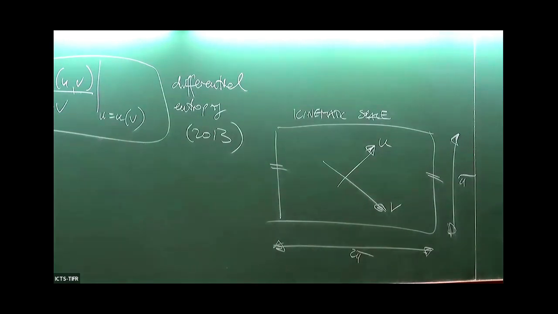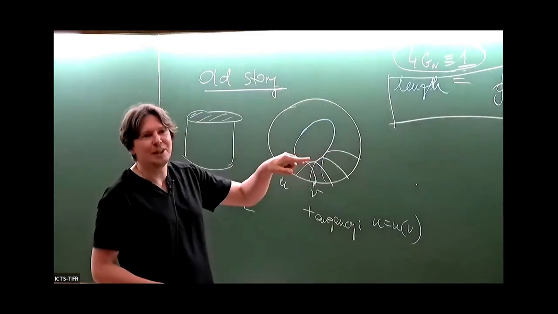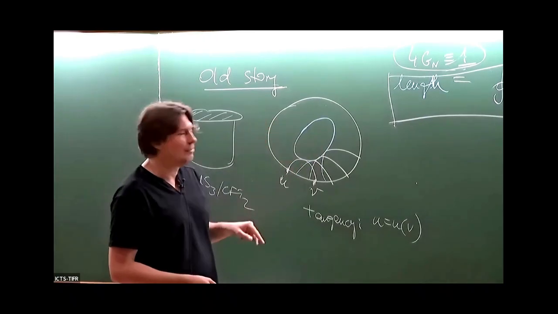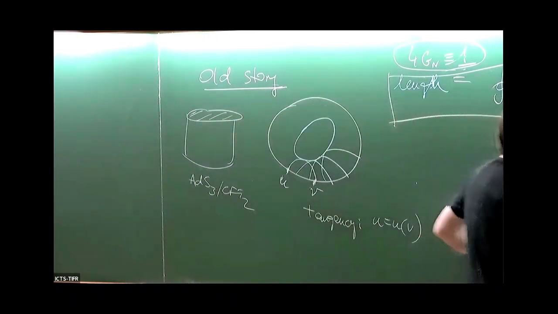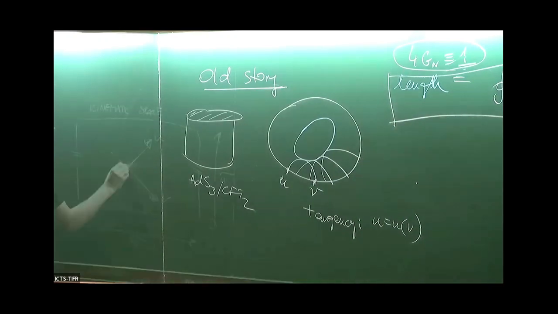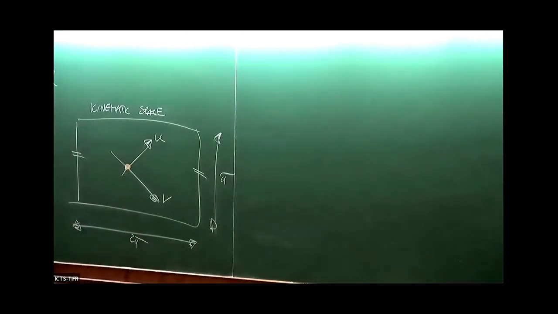So the coordinates in that space are the endpoints of these geodesics. In other words, if I give you one point over there, that means giving you a value of u and a value of v, and that gives you one geodesic. So this point here has some coordinates u and v.